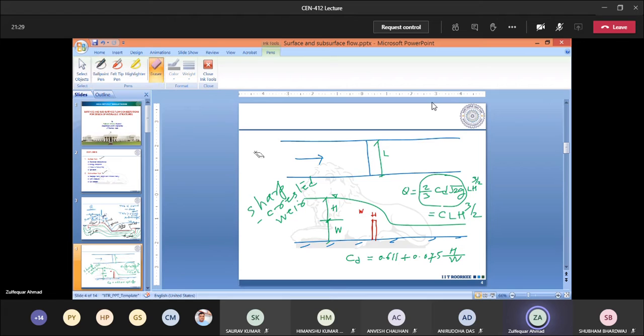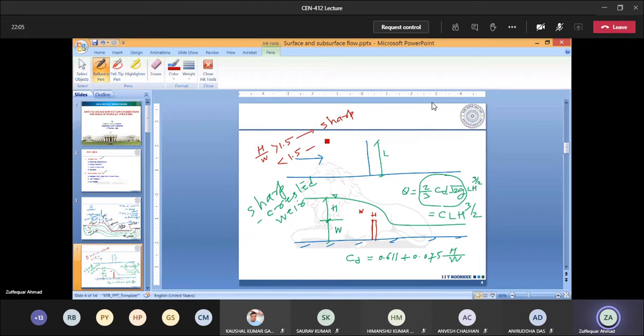If I don't tell, I think you will not know. If this H by a small w is greater than 1.5, then we consider this as a sharp crested weir, and if it is lower than this, in that case we say this is broad crested.